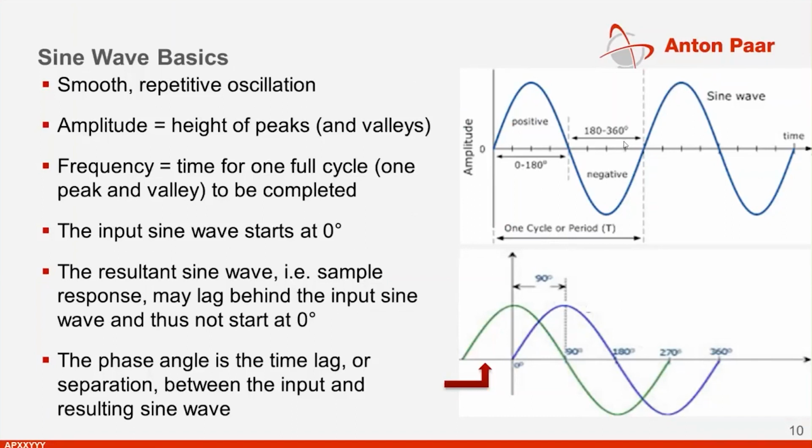The preset wave we are sending starts at 0 degree, and we are getting an answer which is shifted in some way. So based on these two curves, we can calculate the phase shift angle delta, which is representing the viscoelastic behavior of our material.